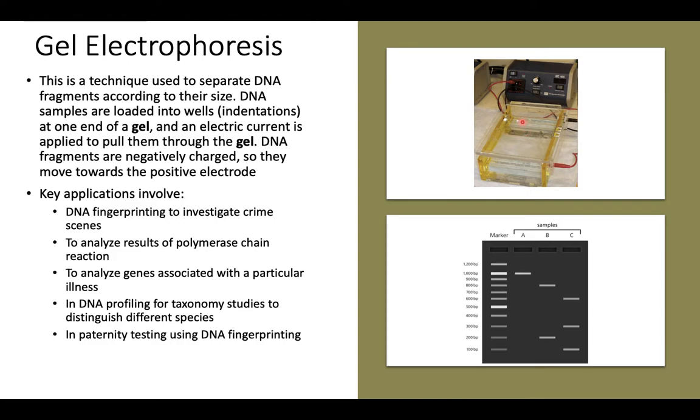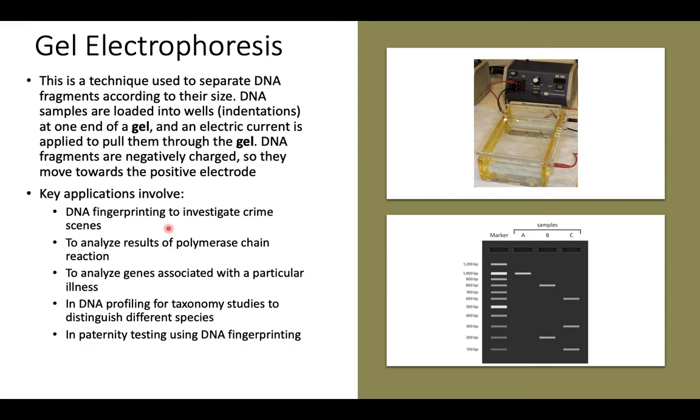So the DNA is going to travel from the negative side to the positive side according to its size. So then the larger, heavier pieces, here you see this piece about 1,000 BP bases, it's going to be very slow, and it's probably not going to be able to travel as fast as those that are shorter, maybe 100 bases here.